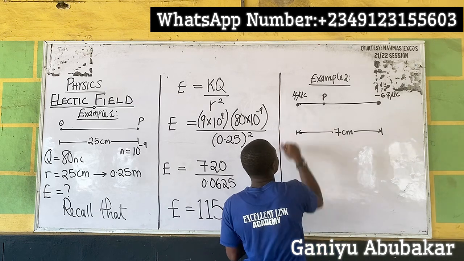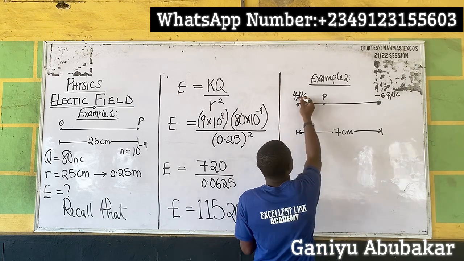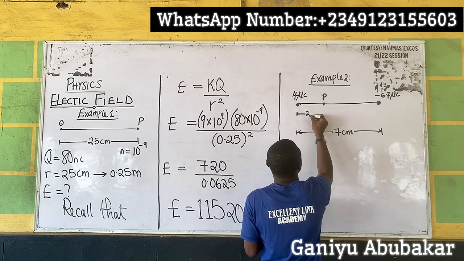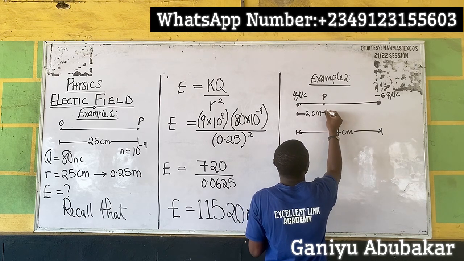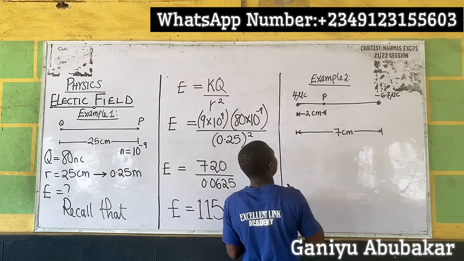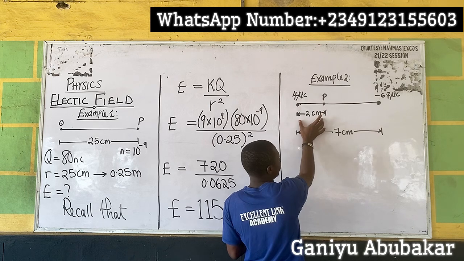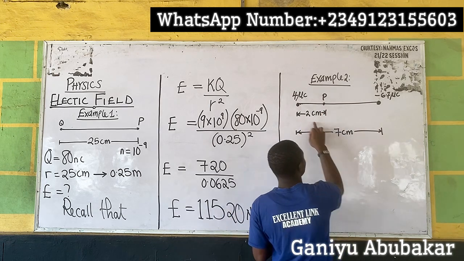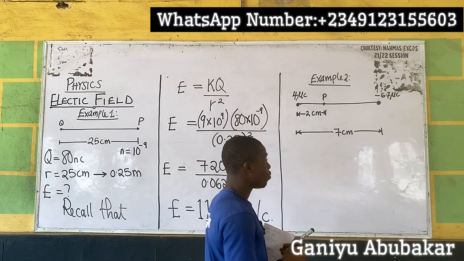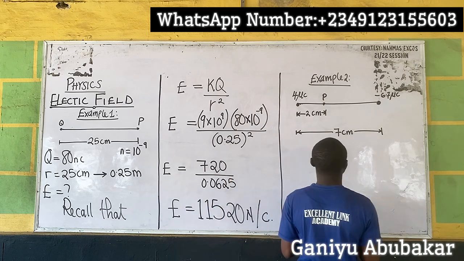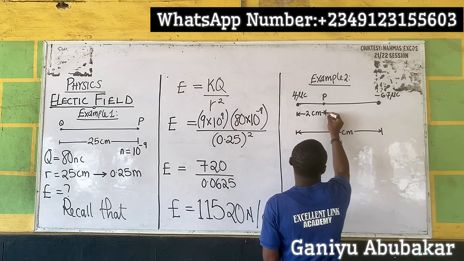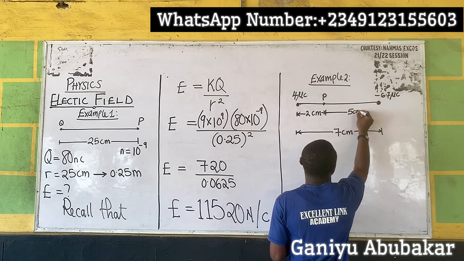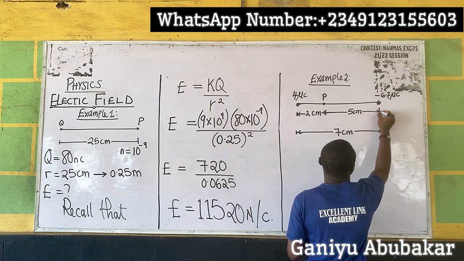So the distance from this 4 microcoulomb charge to this point is 2 cm. If this point to this point is 2 cm, what will be left here? It's as easy as 7 minus 2, that gives you 5. So here becomes 5 cm automatically.